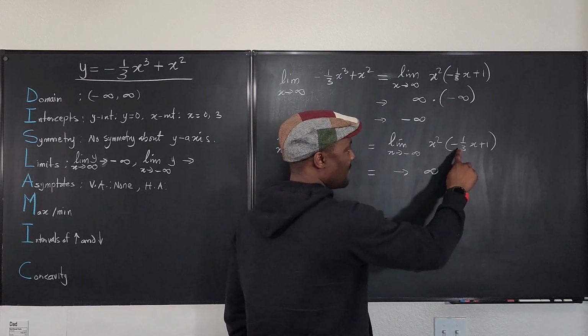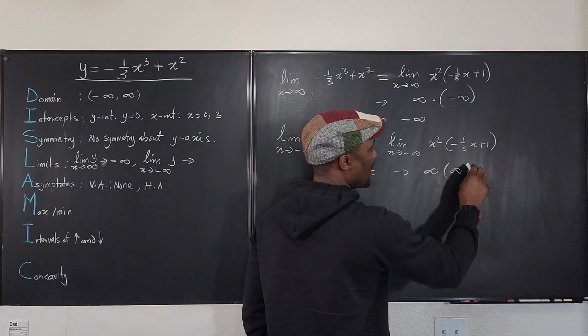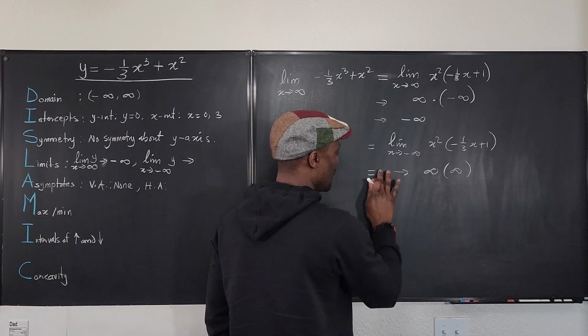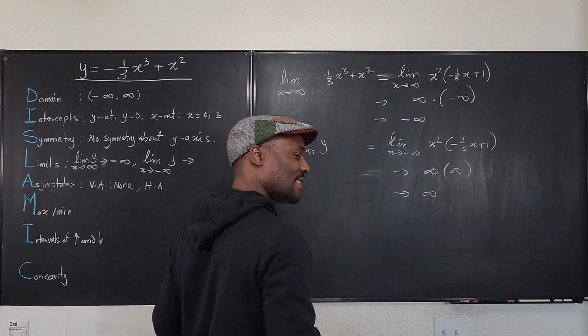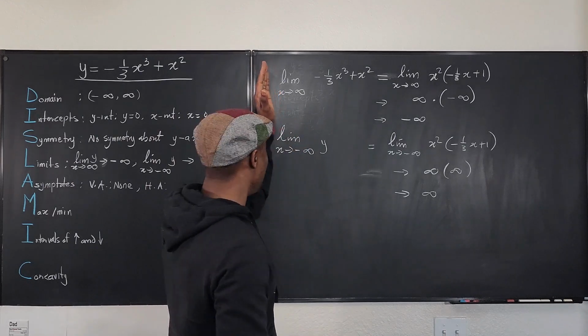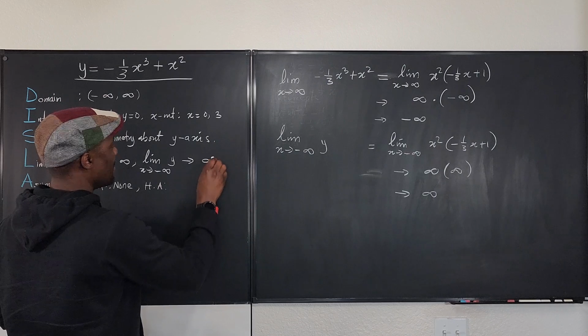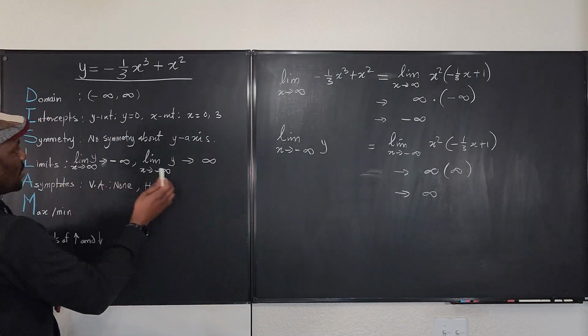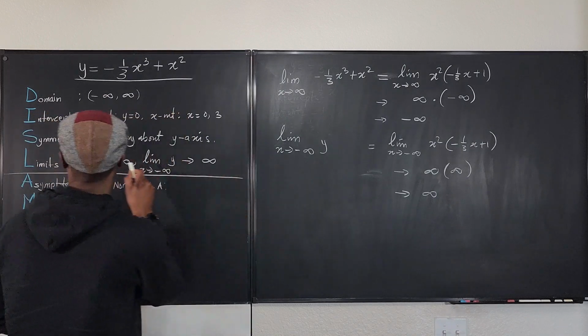And then negative infinity times negative would be positive infinity plus 1. That's positive infinity. So this goes to infinity. So as we go to the left, this goes to infinity. Nice. Okay, so those are our answers. Maybe I should put lines between these before they get clumsy.